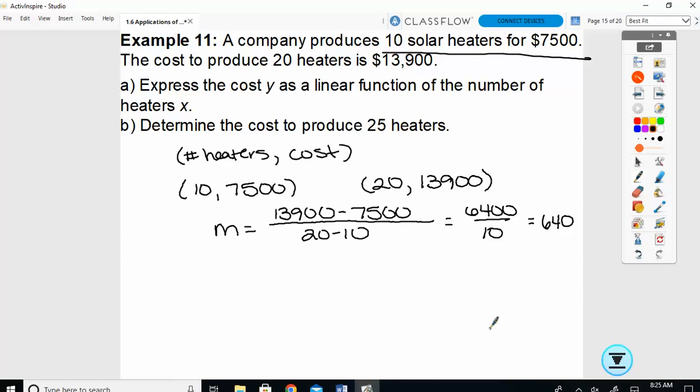So we get 640. Then what do? Here you get your slope. So take a point and your slope. So y equals m times x plus b.